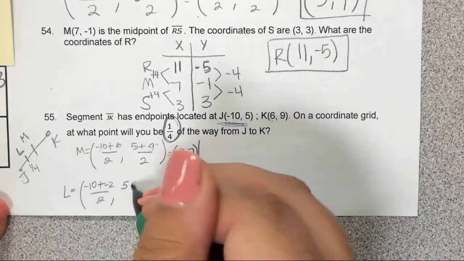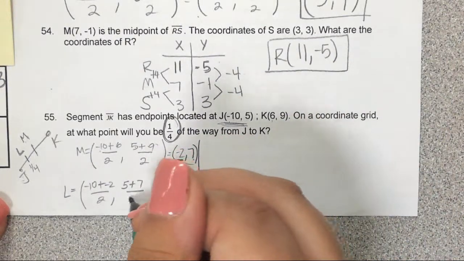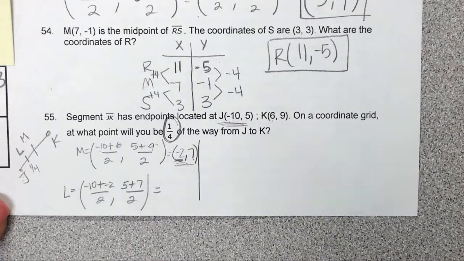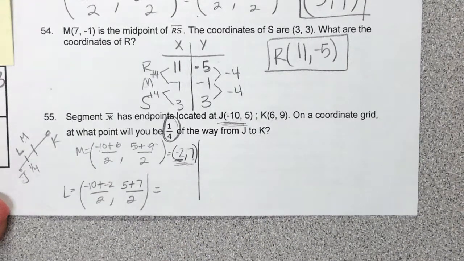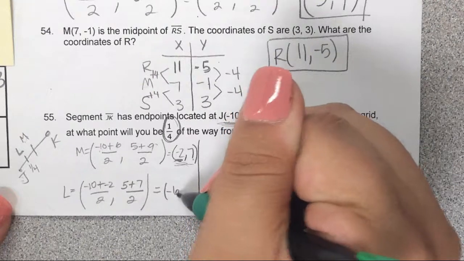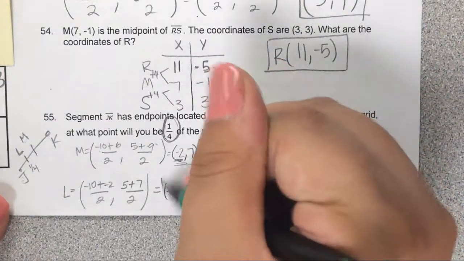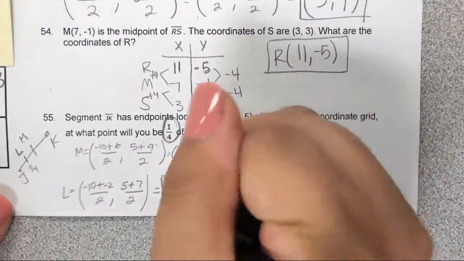J is 5 plus 7 divided by 2. What's negative 10 plus negative 2? Divided by 2. What's 5 plus 7? Divided by 2. So that is a fourth of the way.